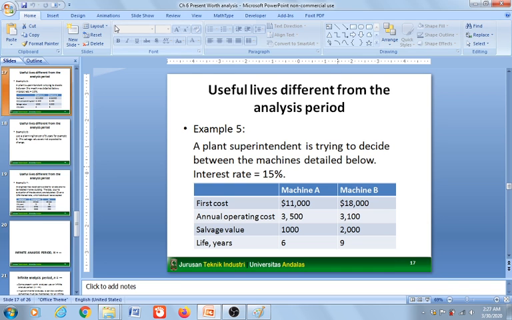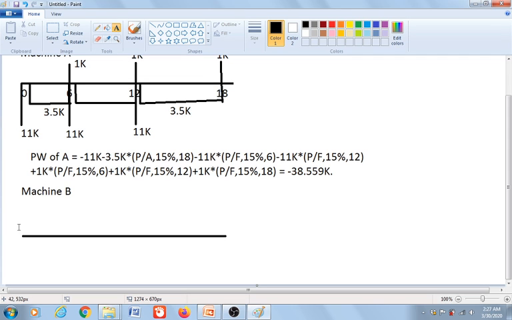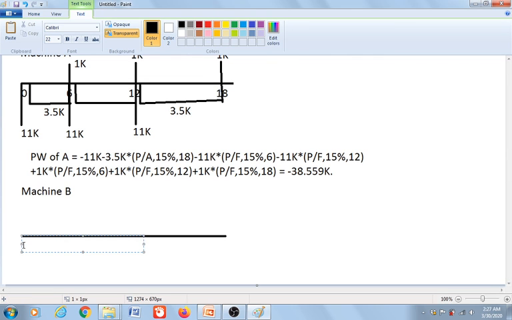See, the life of machine B is 9 years, so we're gonna have 0, 9, and then 18. So for this we're gonna have two machines.